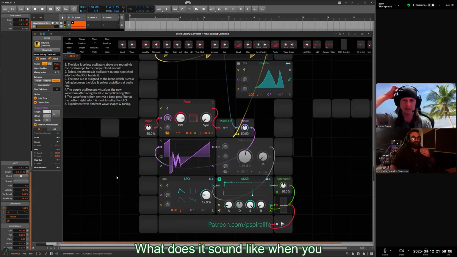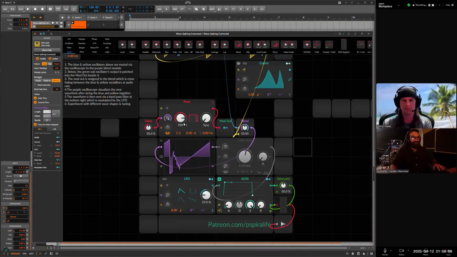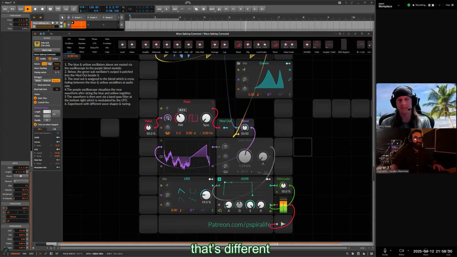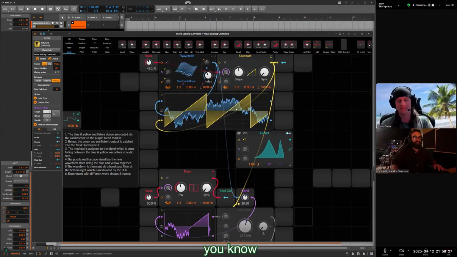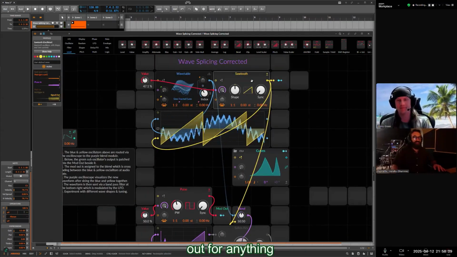What does it sound like when you adjust the pulse width? Yeah, you're thinking one step ahead of me. That's different, hey? That's awesome. Yeah, and we could swap either of these out for anything.